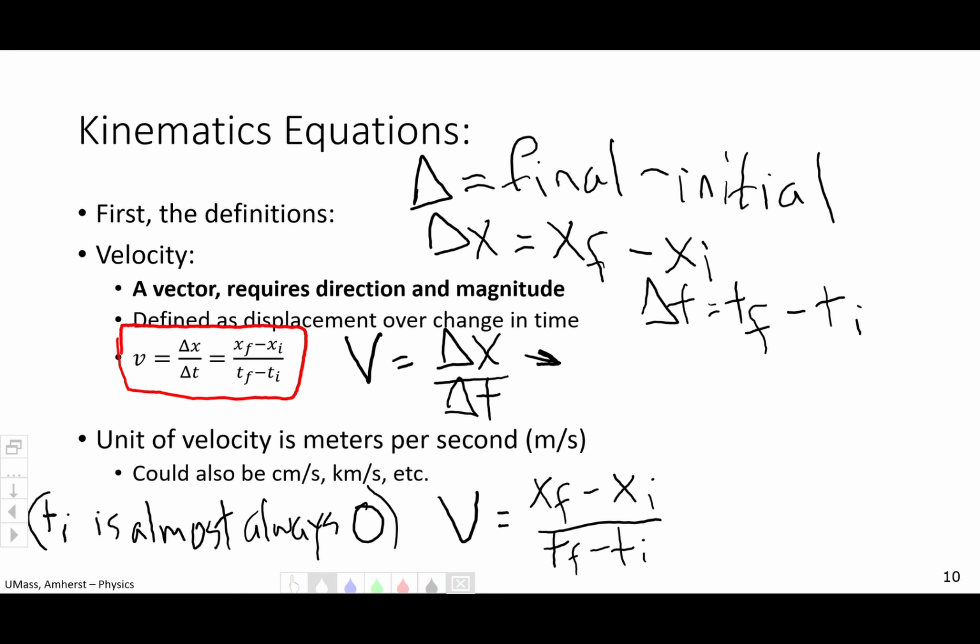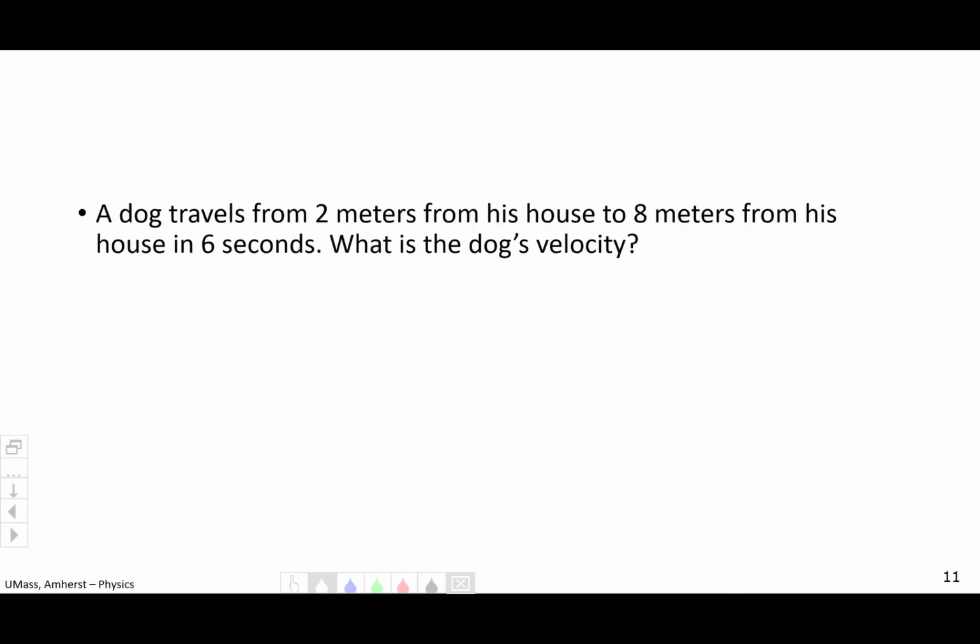So your stopwatch is always going to start at 0. There are some cases in which your t initial is not 0, but most of the time you start your timer at the beginning of motion, so your t initial will be 0. It will be relatively obvious when the t initial is not 0, but do keep that in mind. It's not always 0.